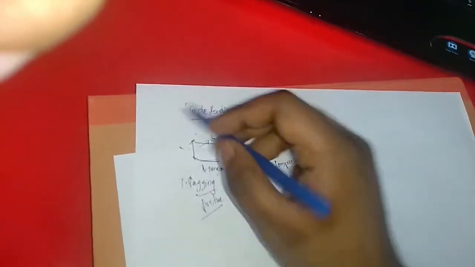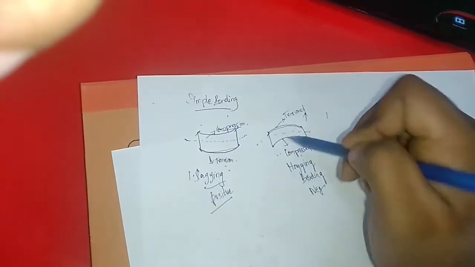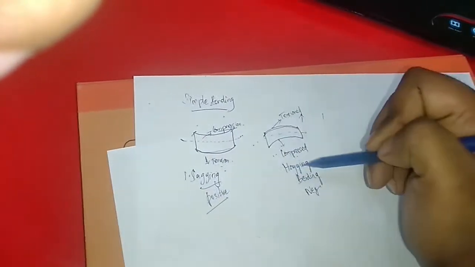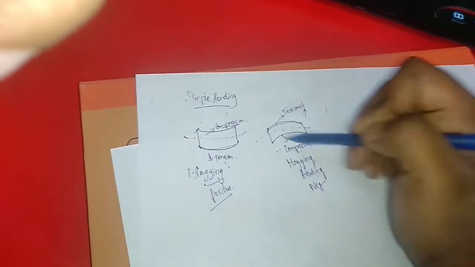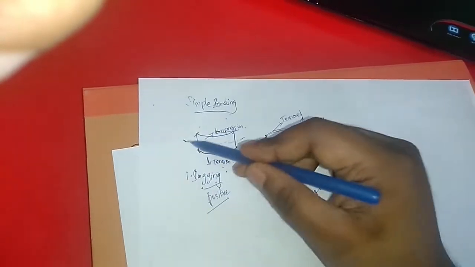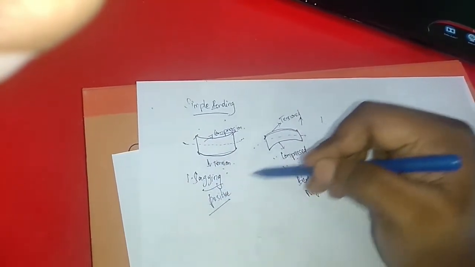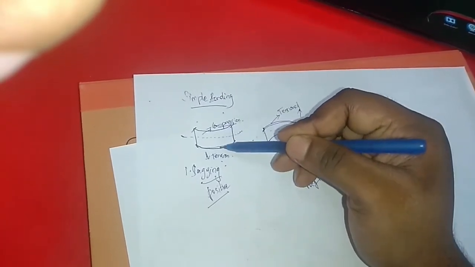So this is the concept of simple bending. There are two types of bending moment: one is sagging bending moment and the other is hogging bending moment. Sagging is where the beam is bent in a concave manner, with compression acting on the top of the beam and tension acting at the bottom.